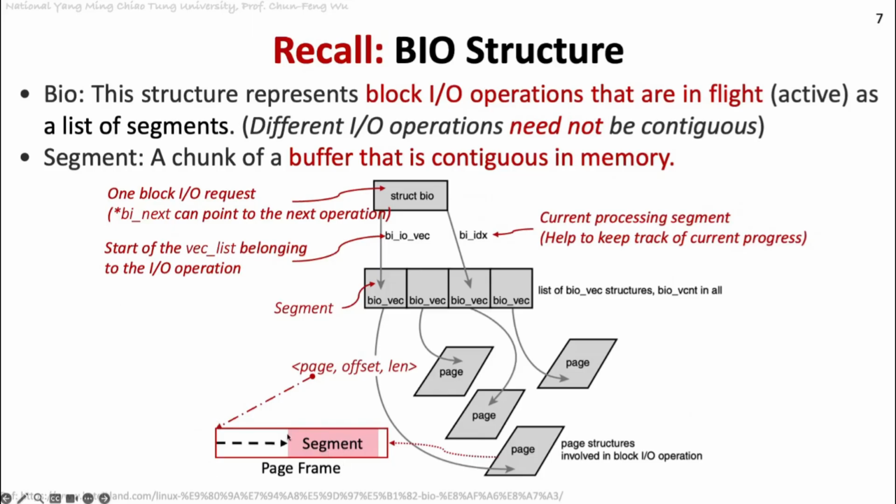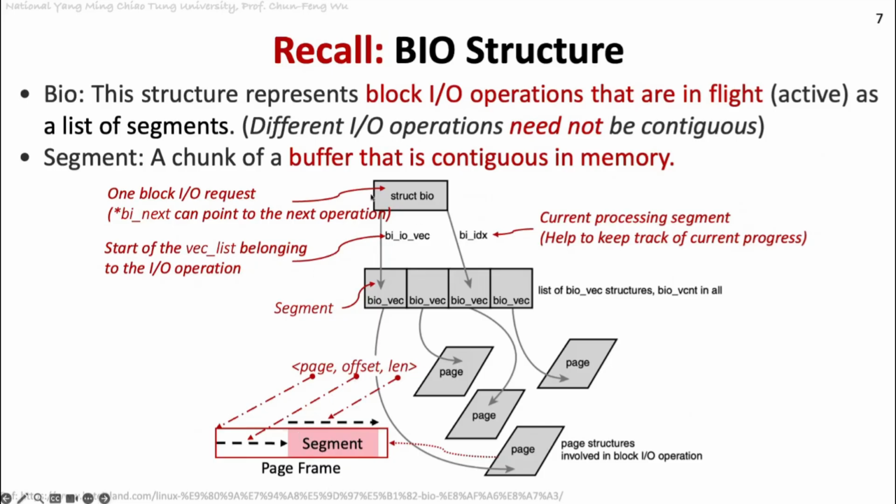If the segment starts from some address, then we need an offset to position the starting point of the segment inside this page frame. And the third one is how large it is, so we use the length parameter to record how large the segment is. With these three parameters, we can easily identify each segment.